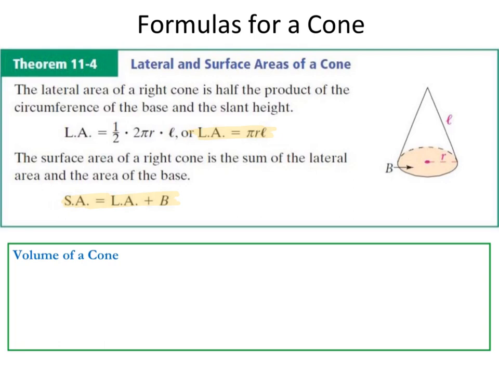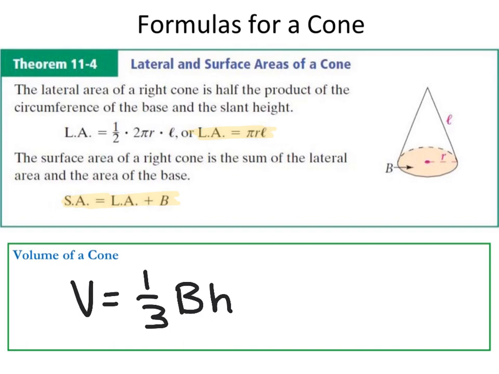And finally, as you saw from your warm-up, the formula for the volume of a cone is that volume equals 1/3 the area of the base times the height. However, because the base is always a circle, I could simplify that further.